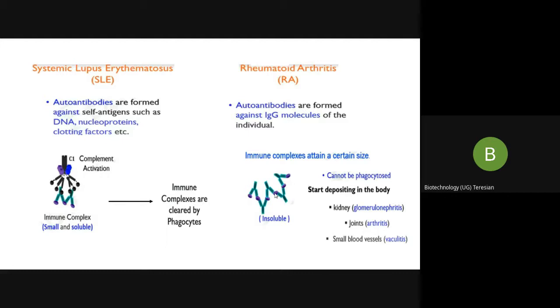So these immune complexes settle down or fix into a particular part of your body. It may be the kidney, the joints, or even the small blood vessels. This is the indication of type 3 hypersensitivity.